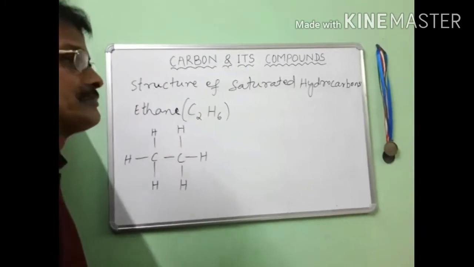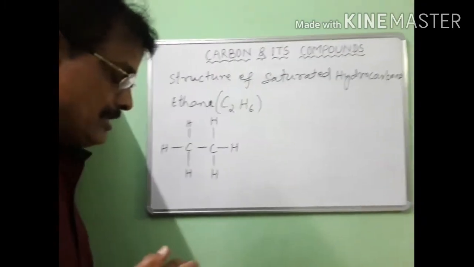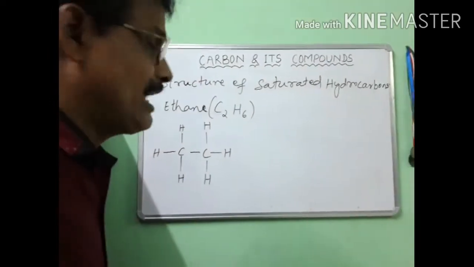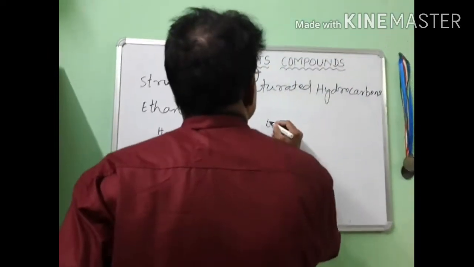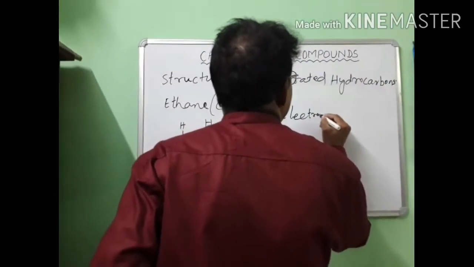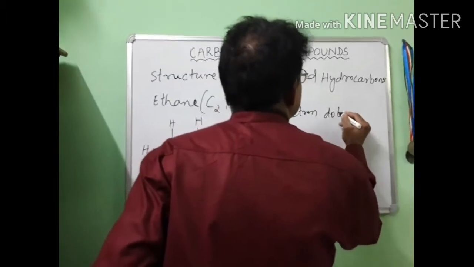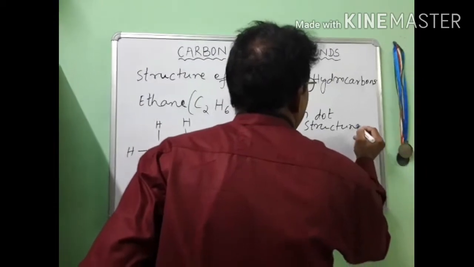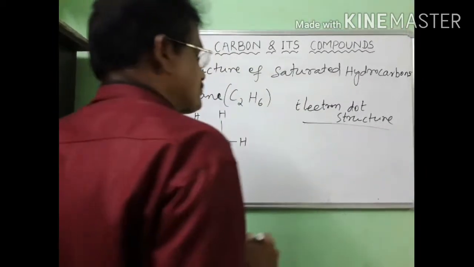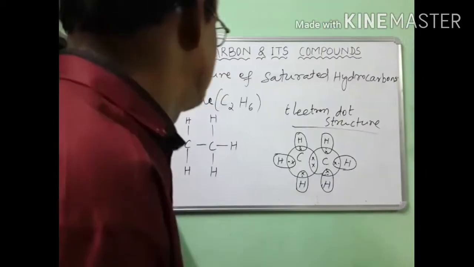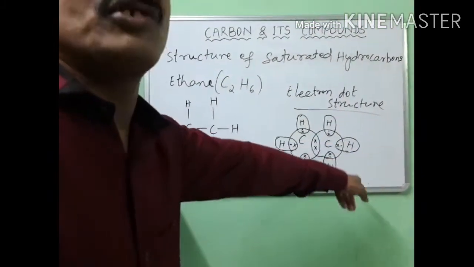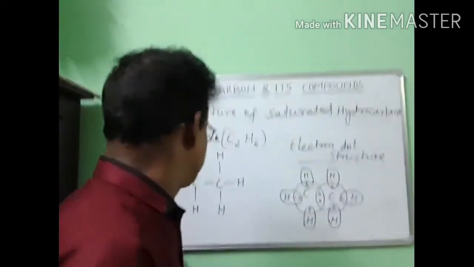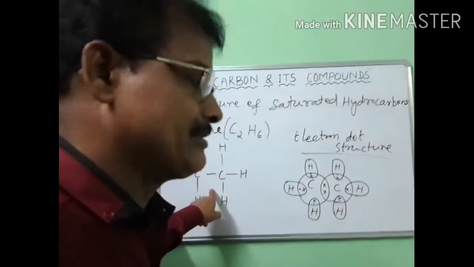This is the general structure of ethane. Now the electron dot structure. So this is the electron dot structure of ethane.